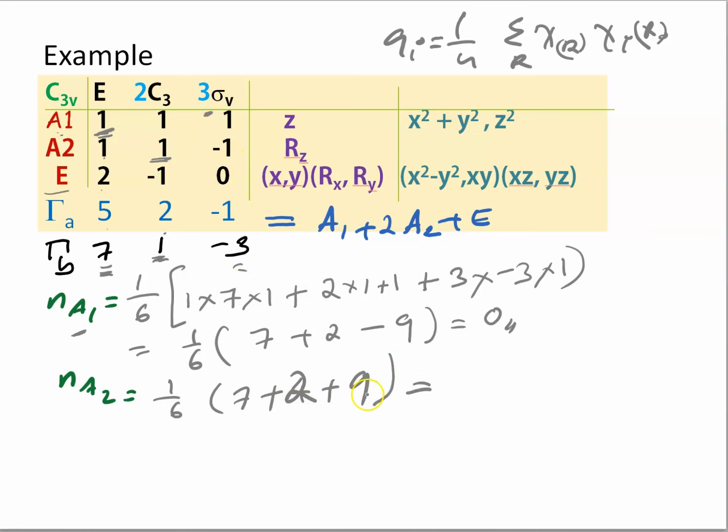There is a mistake, here we are considering gamma B. Okay, that is 7 plus 2 plus 9, 18 by 6 is equal to 3 times. So A2 is present 3 times, A1 is present 0.